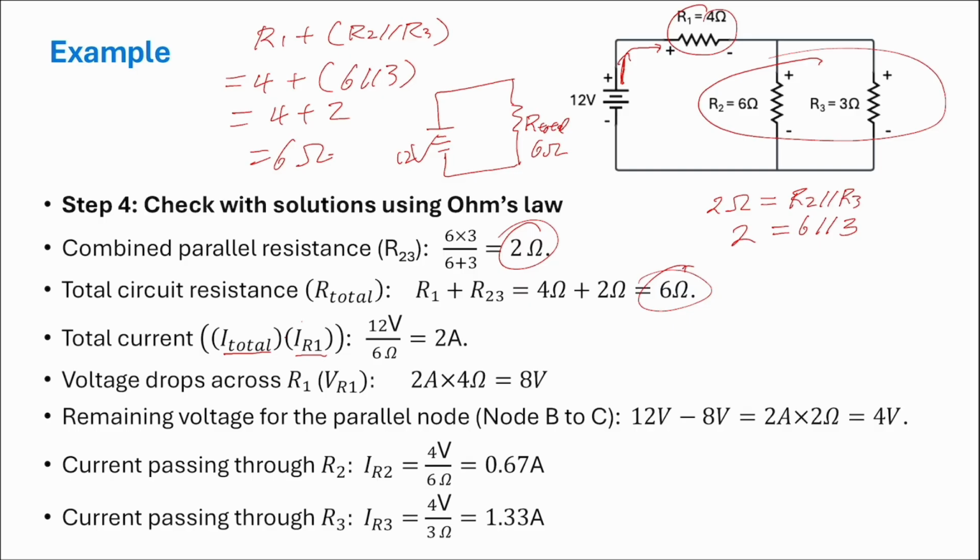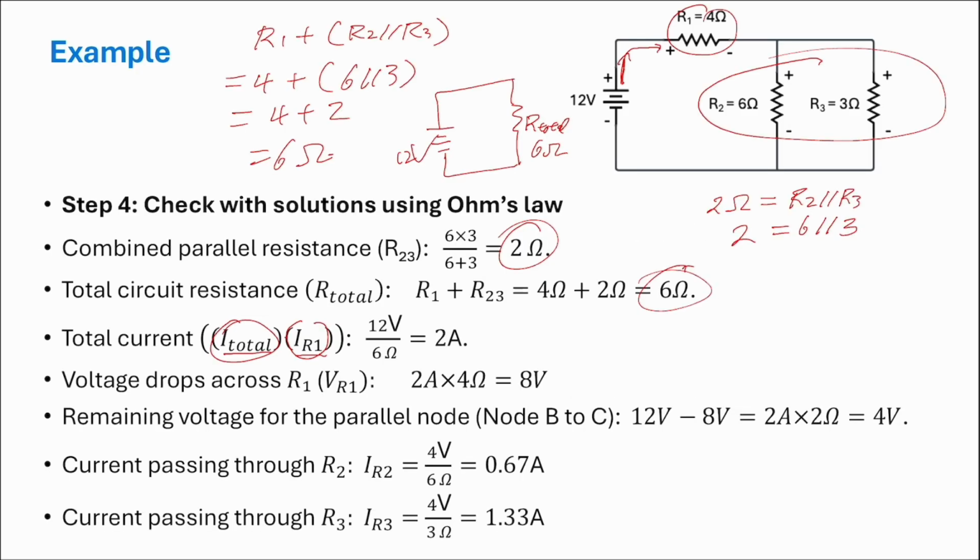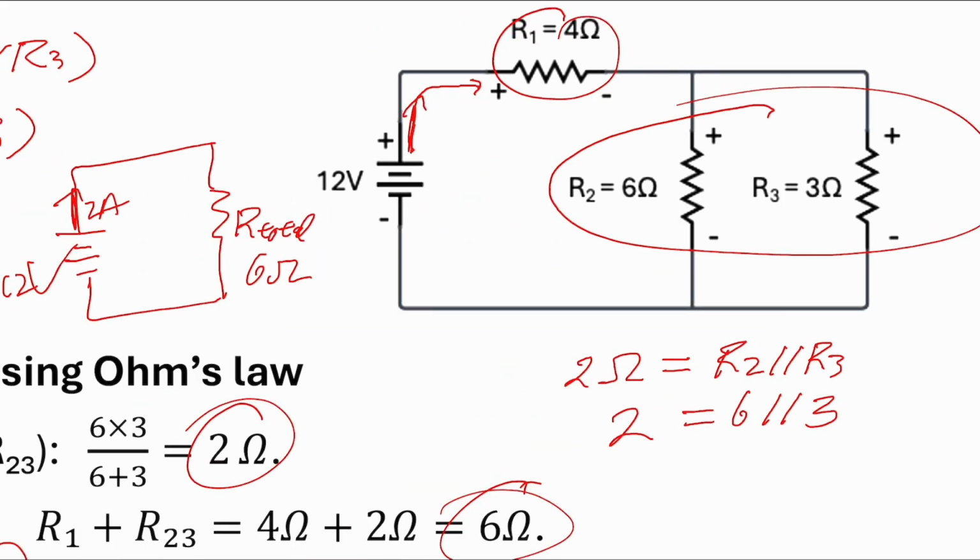So I put this or this, they are the same. Using Ohm's law, it is 12 volt over 6 ohm, so this is 2 amp. When it starts here, this is 2 amp, and when the current passes through R1, this is also 2 amp. However, once the current reaches the loop, it will split.